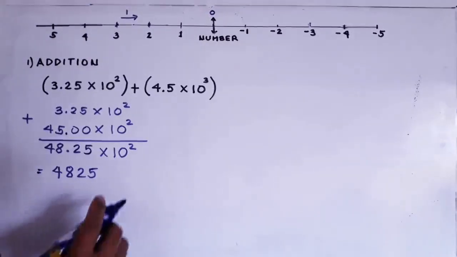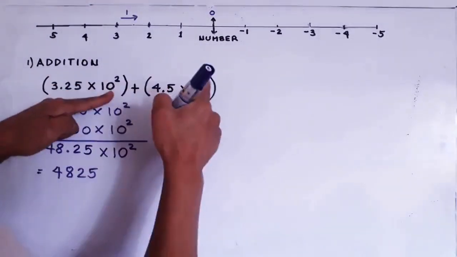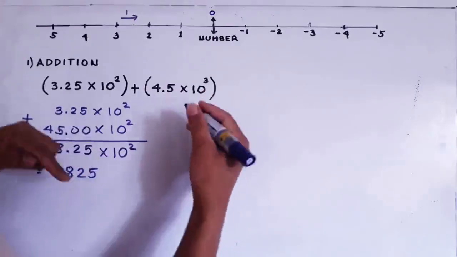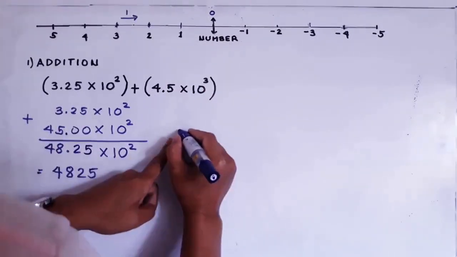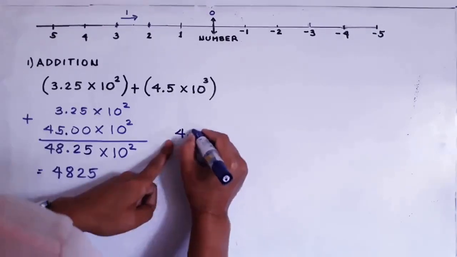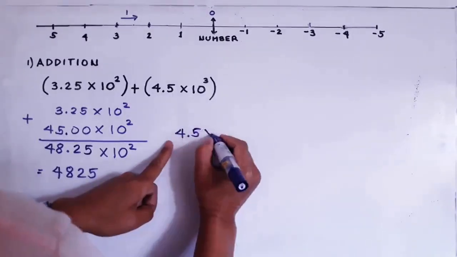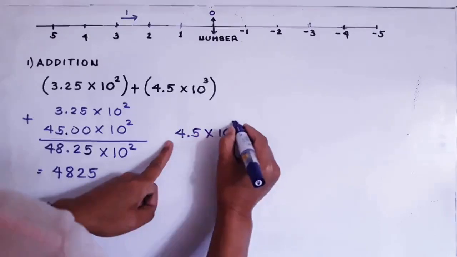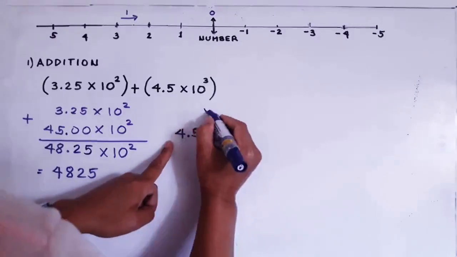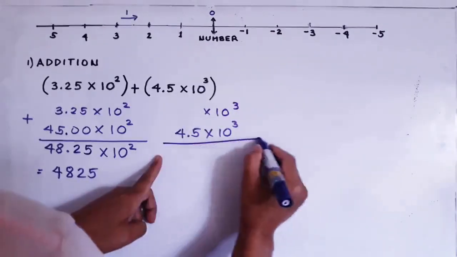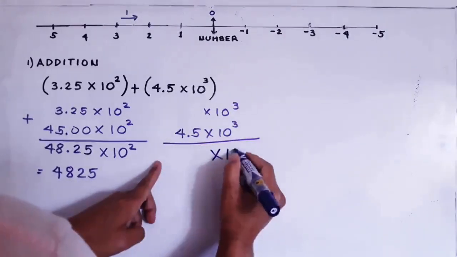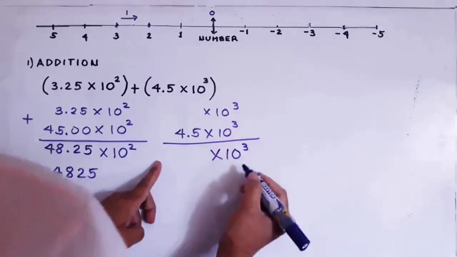What about if we make this one 3 and they are both in the third power? So here, I'm just going to write 4.5 times 10 to the third, and this one is times 10 to the third also. So our answer here will be times 10 to the third, because they are like terms.